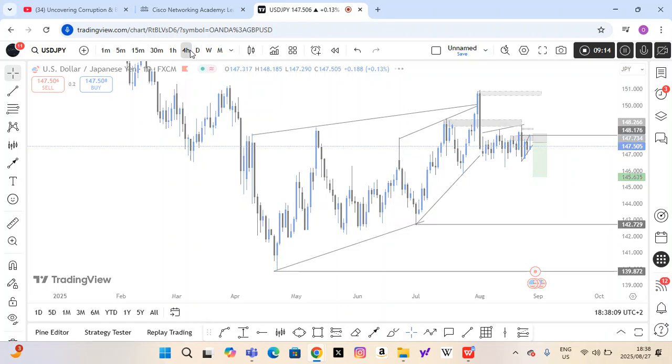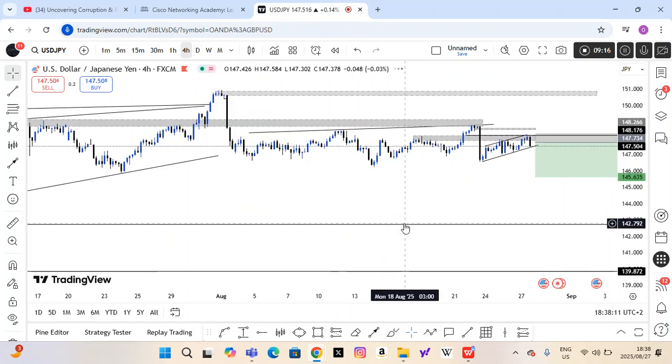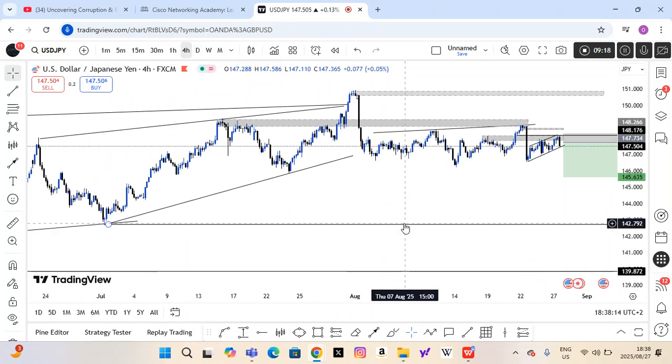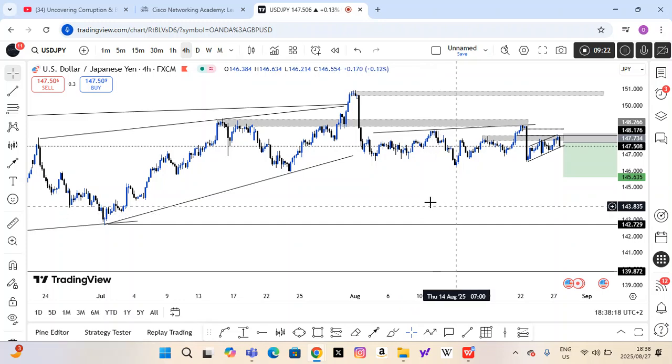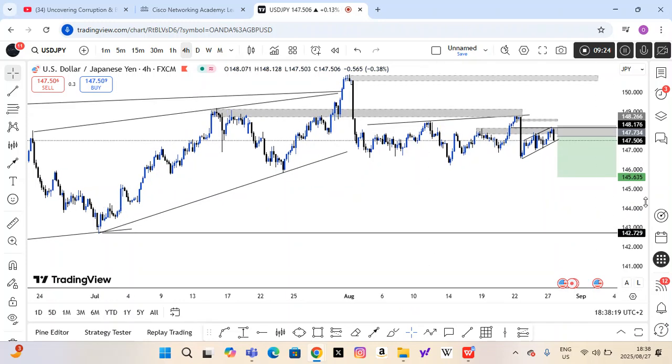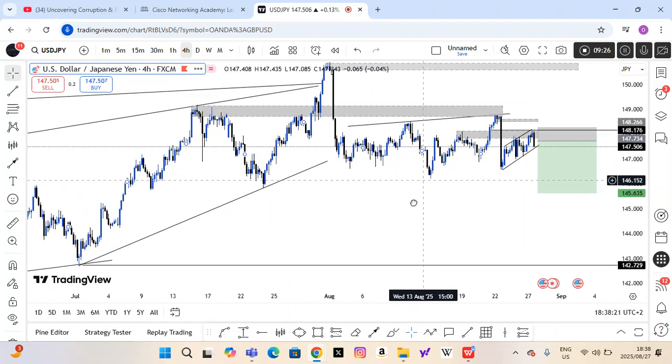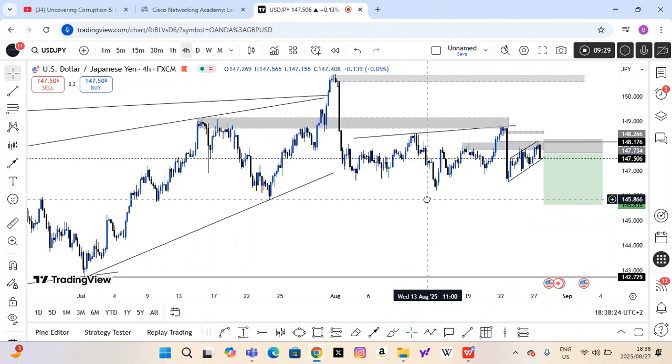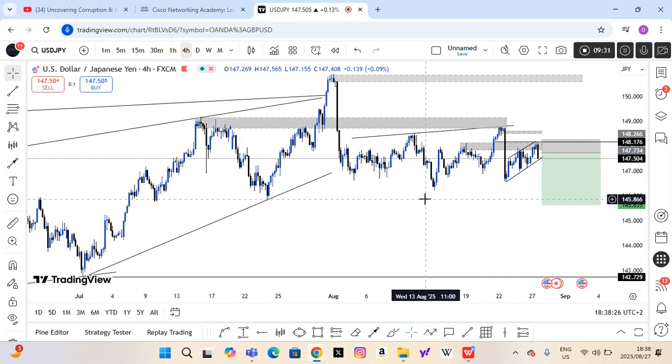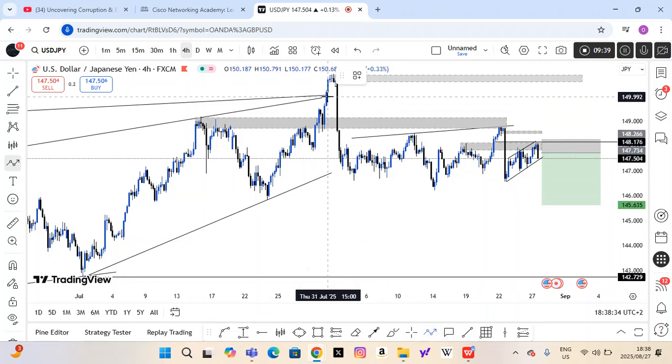So on USD JPY, this is what I'm currently looking at. It's basically the same thing. You understand? It's the same thing, but I am focusing on market structure. You understand? The structure of the market is one thing that I'm focusing on.